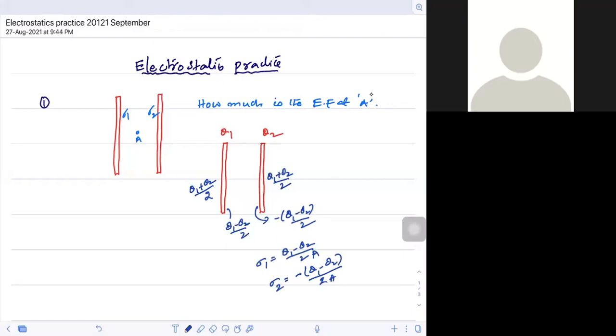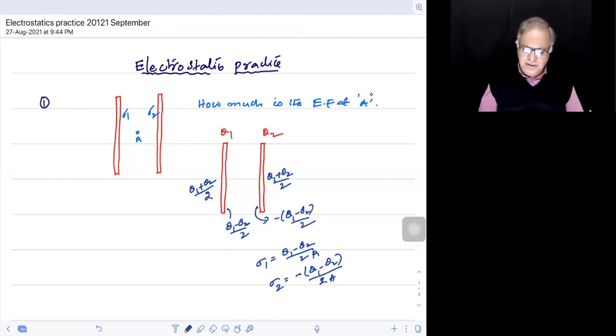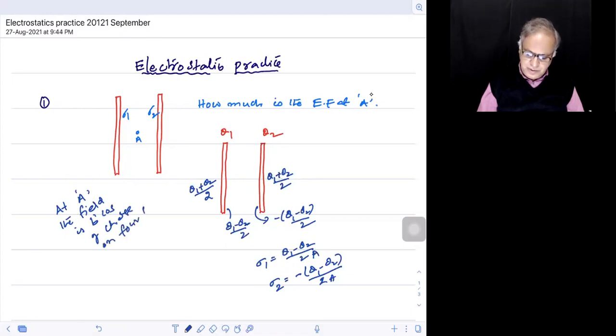At point A, field will be because of the 4 parts of charges. That's good. So at A, the field is because of charge on 4 sides. Right, agreed.